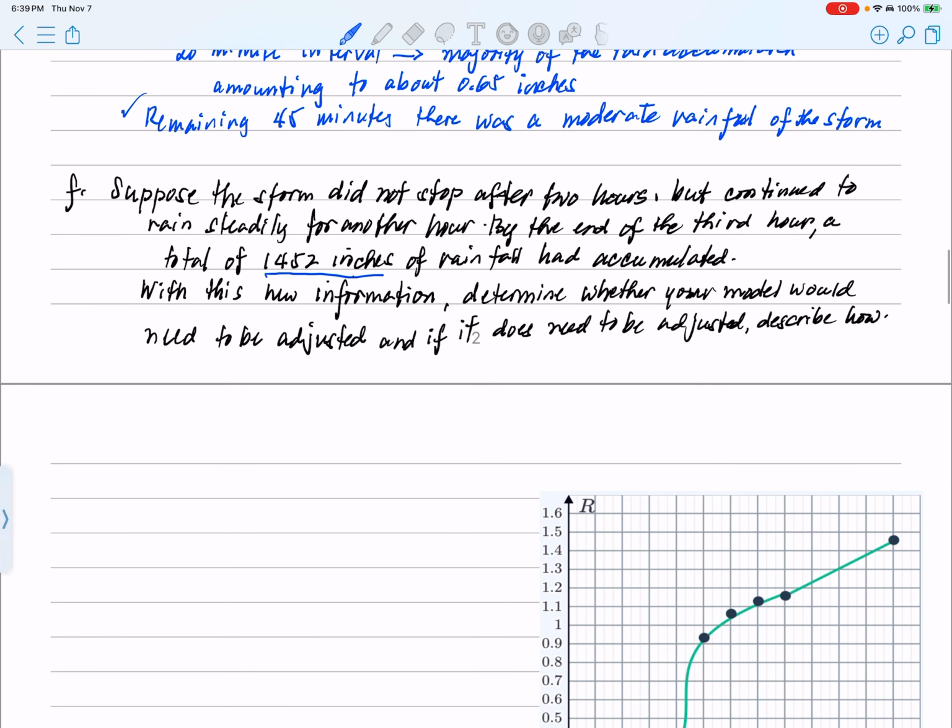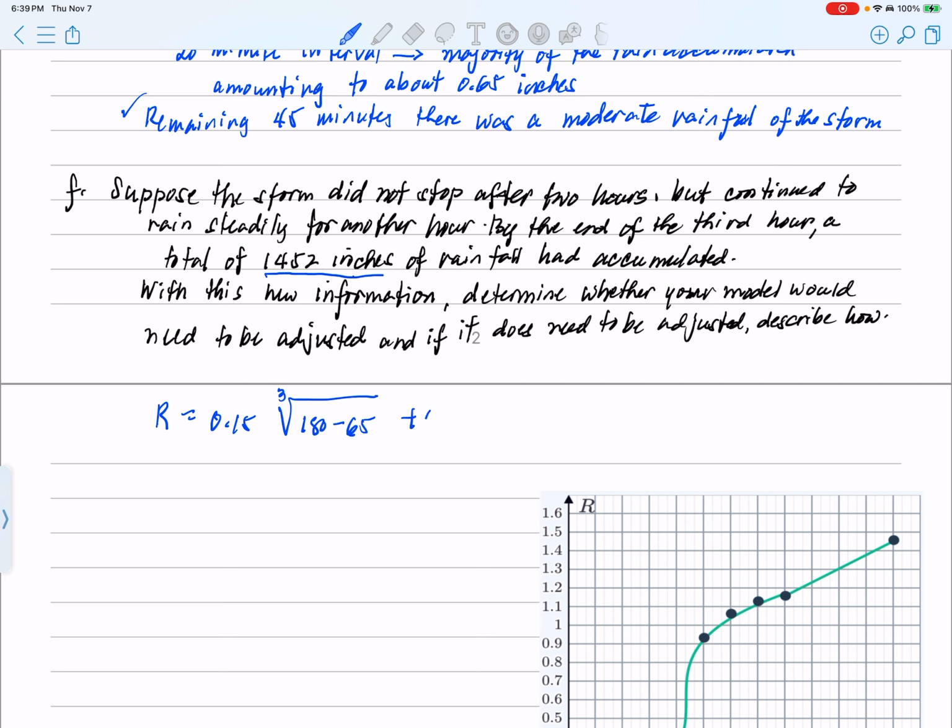So our current model to determine the amount of rain, we have R equals 0.15 times the cube root of x minus 65, plus 0.6. This is our current model.